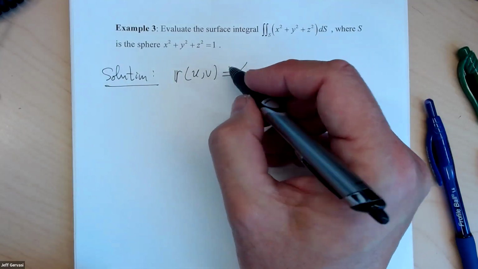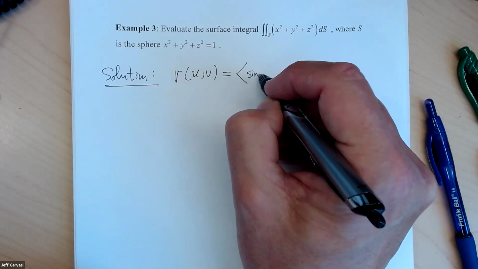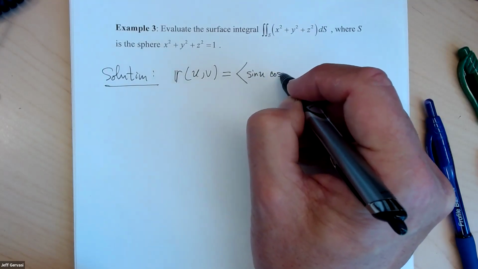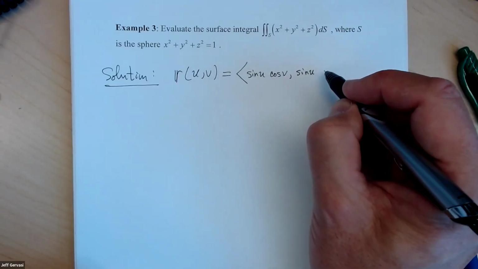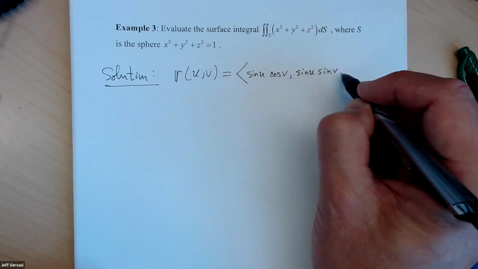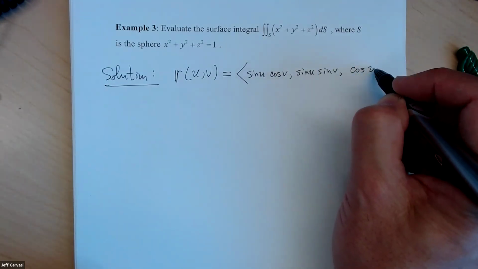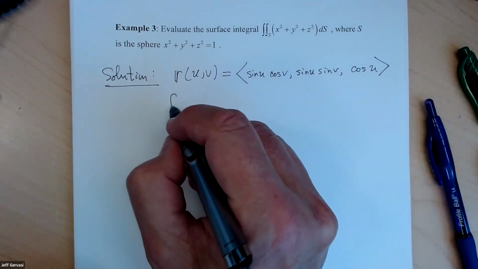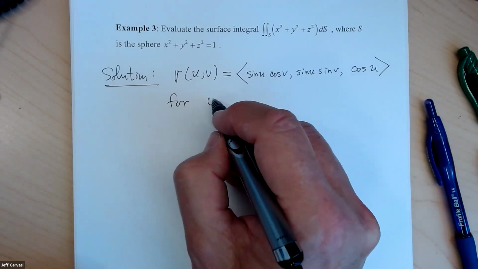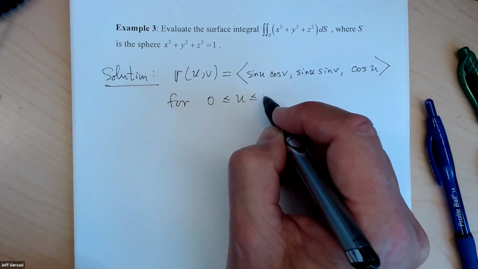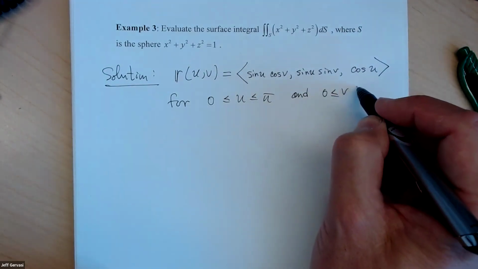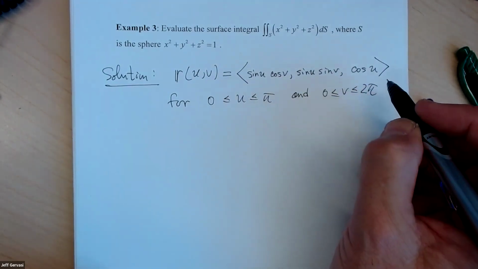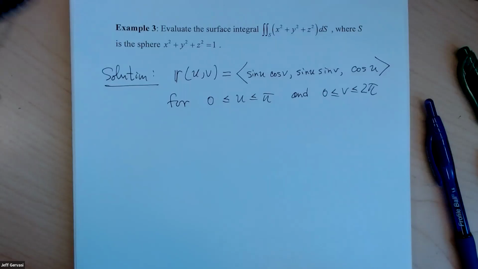Mind you, now radius is 1. So that's the whole sphere.